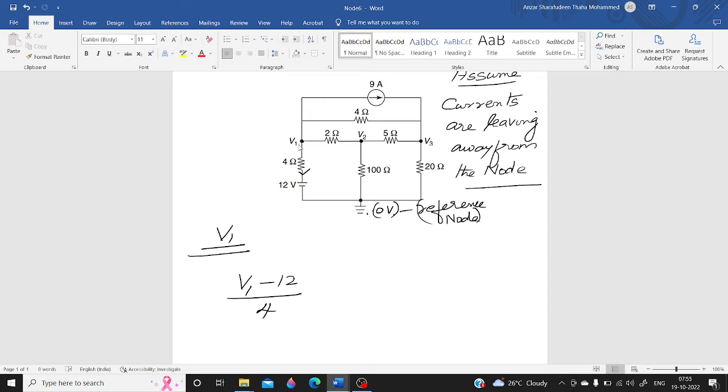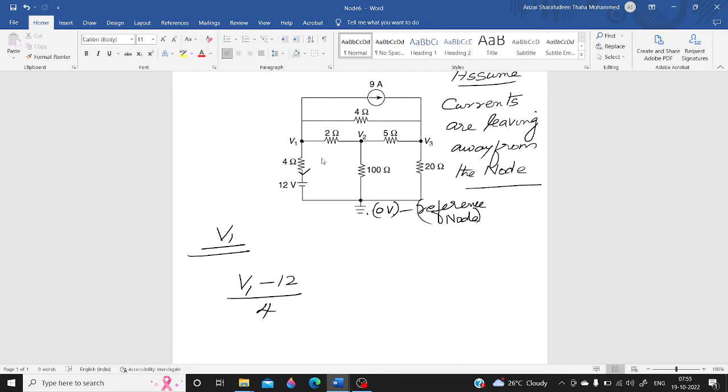While writing the current equation, always write the potential difference between the two ends, with the higher potential first. Since here the current is leaving the node, I assume V1 is at higher potential, because current always flows from higher potential to lower potential. That is our basic assumption. So (V1 minus 12) divided by 4.